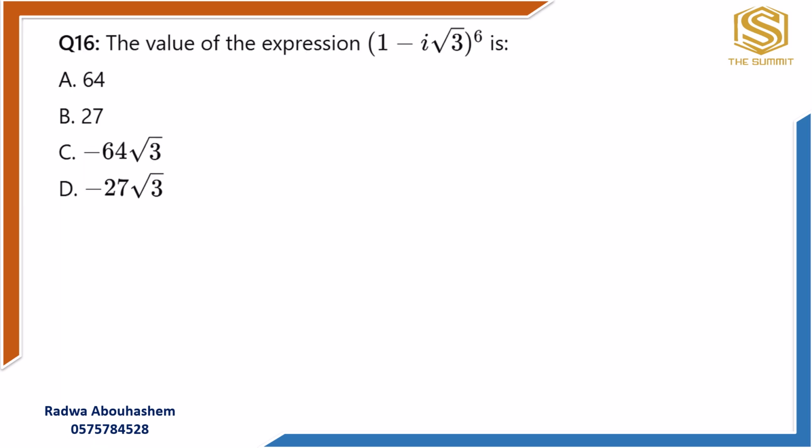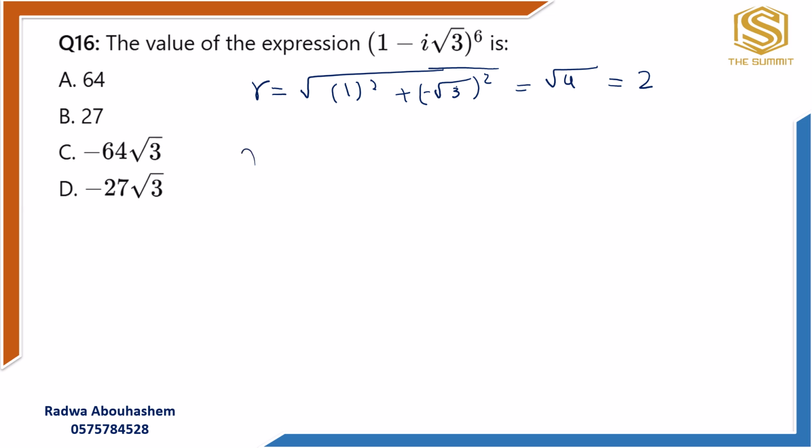The value of the expression (1 minus i root 3) to the power 6. So here is a complex number raised to a power. So this means I have to apply De Moivre's theorem. So let's convert it first to the polar form. Let's get the R. It's root 4, which is 2.